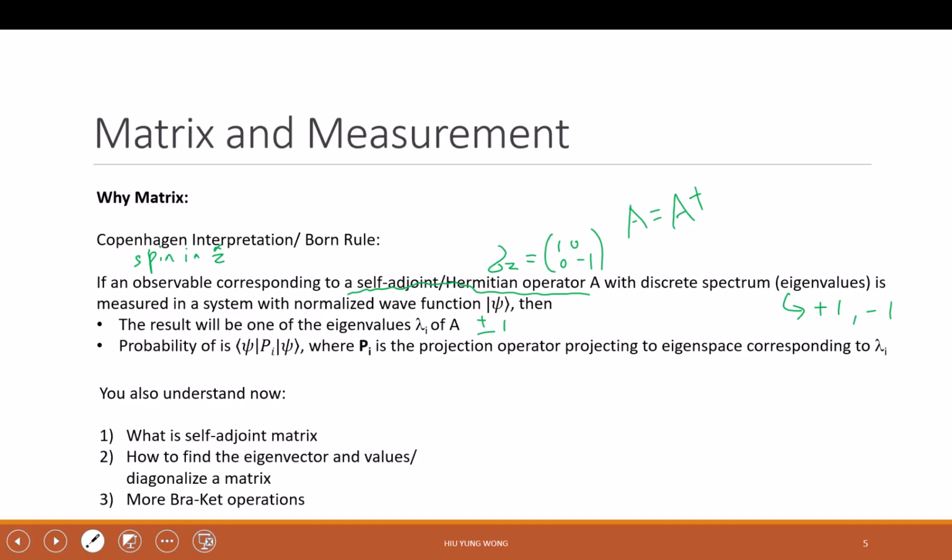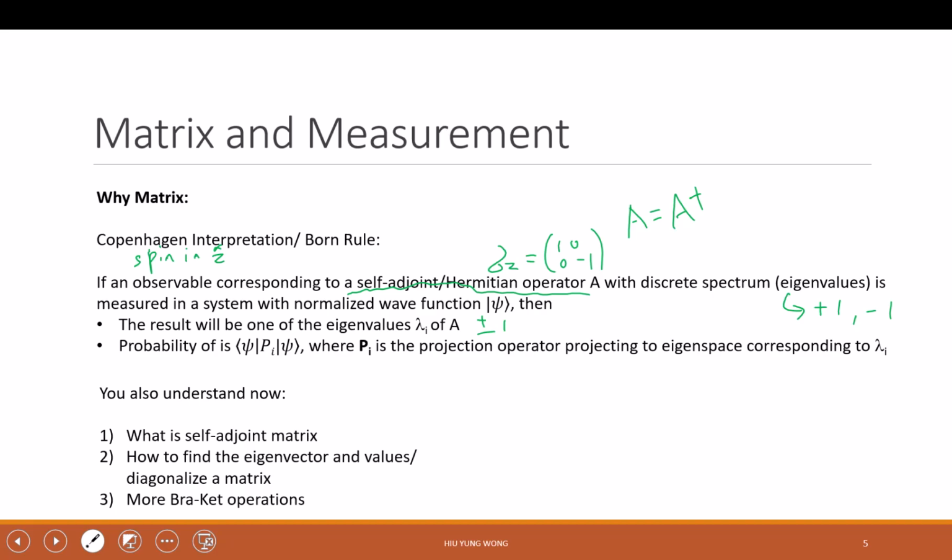Then the only possible values you can get from measurement are those 1,000 possible values. This is the first thing. And the probability of getting a certain state, the state that corresponds to that eigenvalue, is given by the expectation of this projection operator that we just discussed.